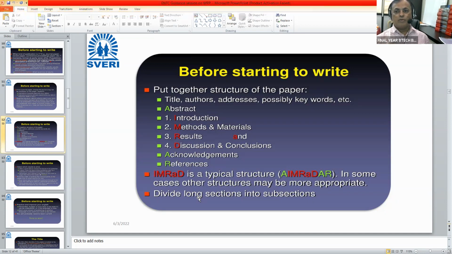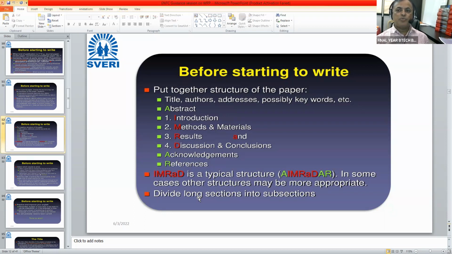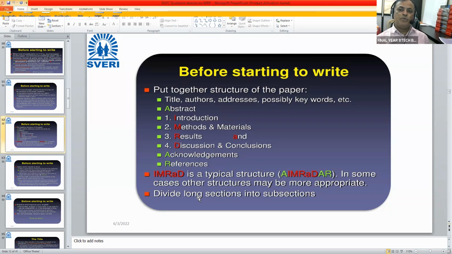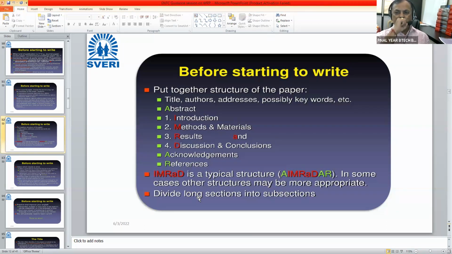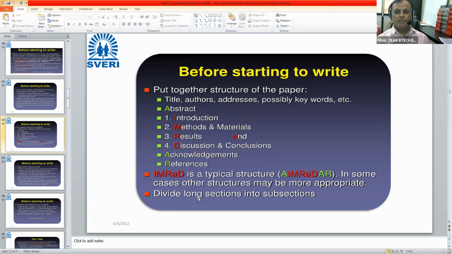In some of the transactions or journals, it may go up to 9 to 10 words, but at the most minimum 5 to 6 words are the keywords that you have to identify. In a number of journals, you will find that 5 to 6 keywords have to be mentioned. Whereas in case of IEEE transactions and all those things, you require 9 to 10 keywords also, but your work has to be good enough.